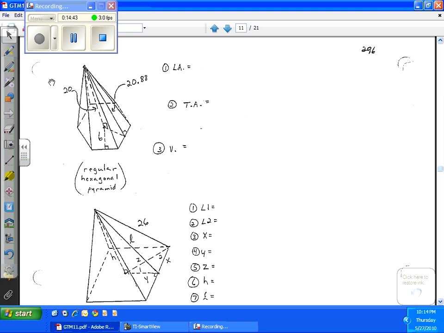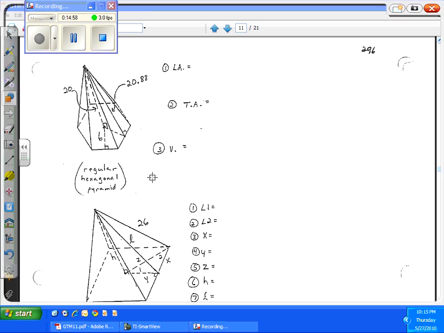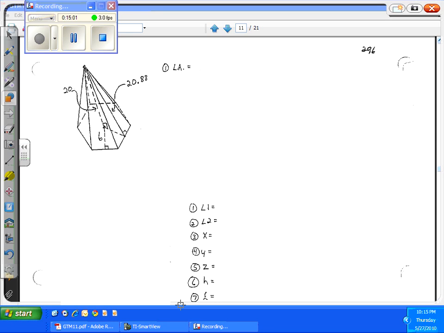Here we have a regular hexagonal pyramid. Now things are getting a little bit more complex because we've got all of our regular polygon stuff in the middle of all of our lateral area, total area, and volume stuff.